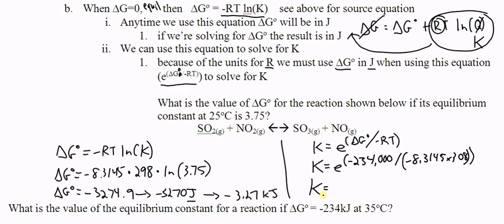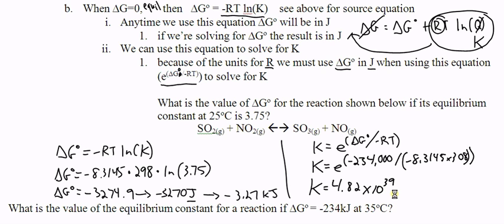So as we take a look at this, we've got e to the negative 234,000 divided by parentheses negative 8.3145 times 308, end parentheses, and then final parentheses. And we get a value that's somewhere around 4.82 times 10 to the 39th.